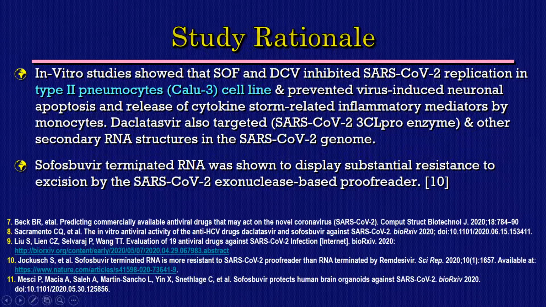Sofosbuvir terminated RNA was shown to be displaying substantial resistance to excision by SARS-CoV-2 exonuclease-based proofreader, and this is an important study published in Nature.